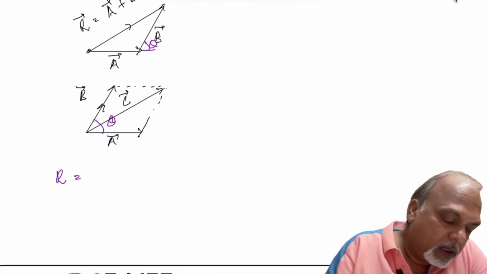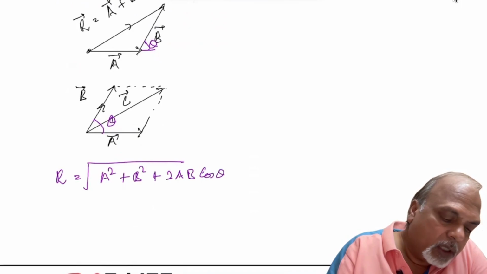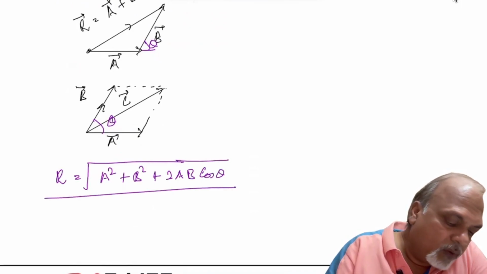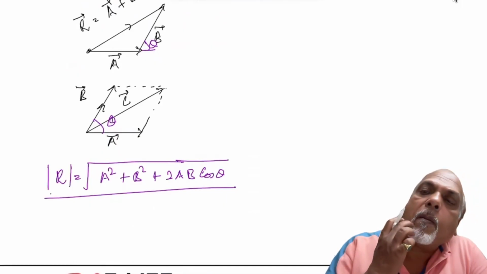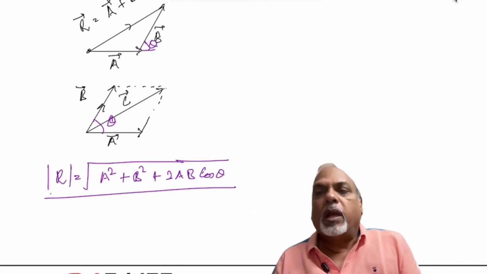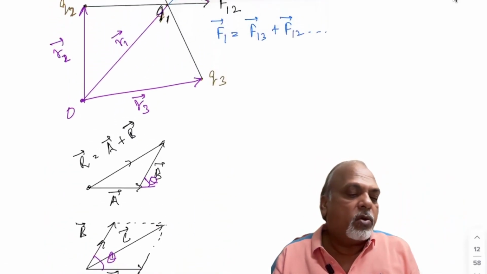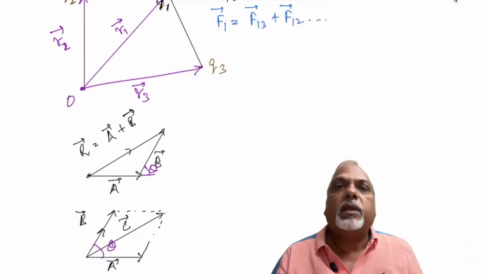R is nothing but root A square plus B square plus 2AB cos theta. This is the magnitude of your resultant. So these things you have studied in your class 11th. So I am not going into those details.